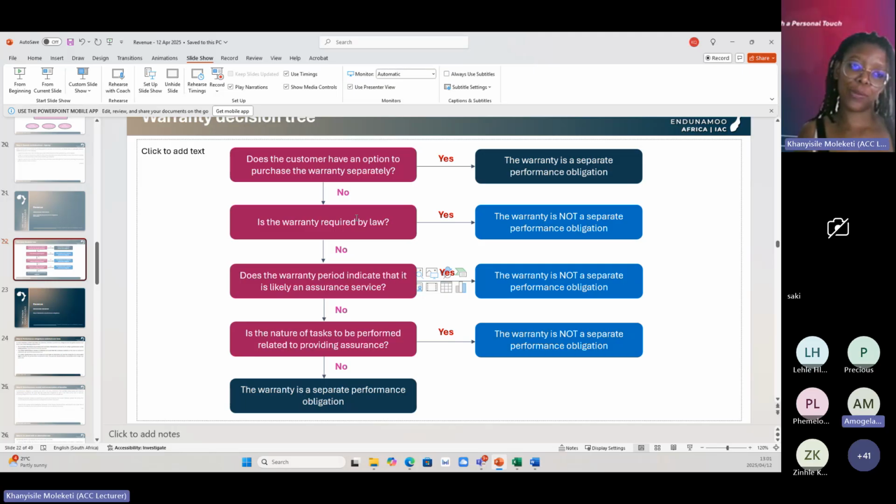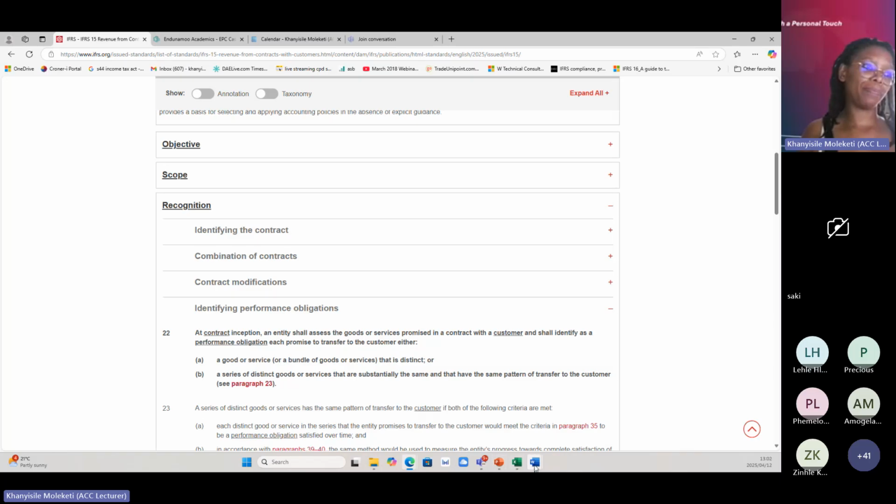Thank you. Cool. So this decision tree you guys do have, and I do suggest using it whenever you come across warranties. I just hit it earlier on because time is obviously not on our side. But please use it, even for this question, because there is a warranty in this question as well.